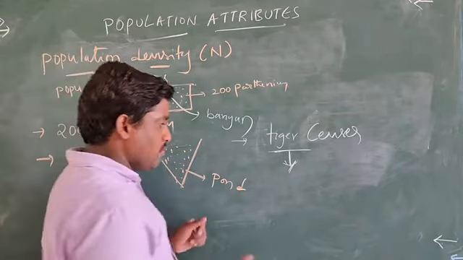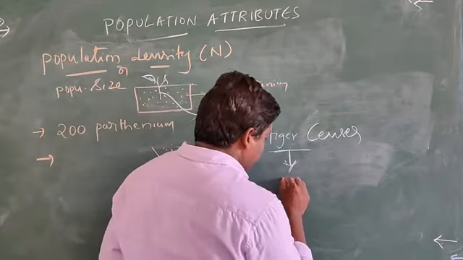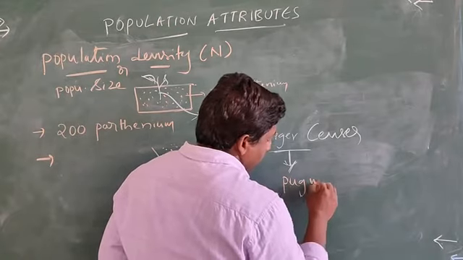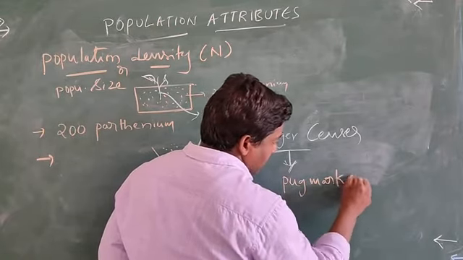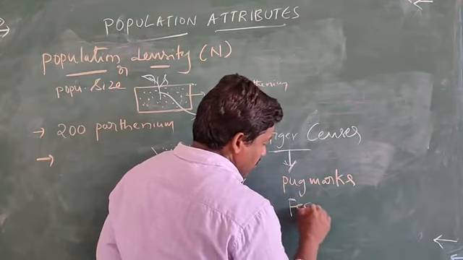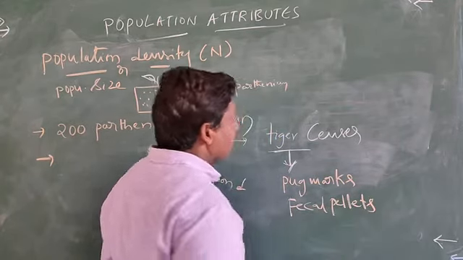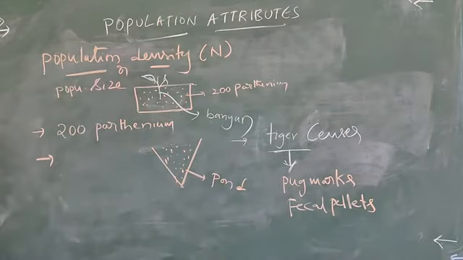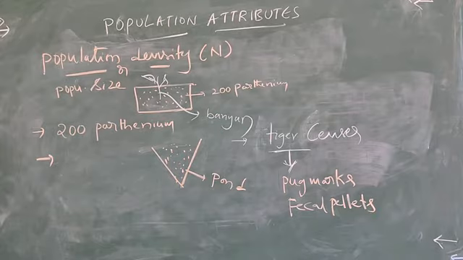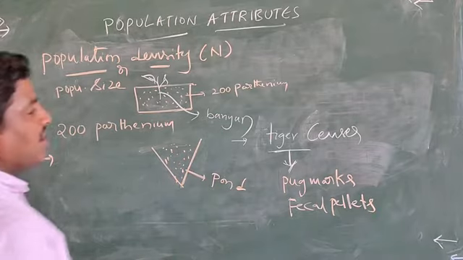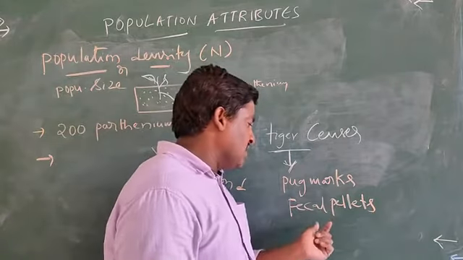Mainly it is based on pug marks and also fecal pellets. In the tiger census in our national parks and tiger reserves, it is often based on pug marks and fecal pellets.